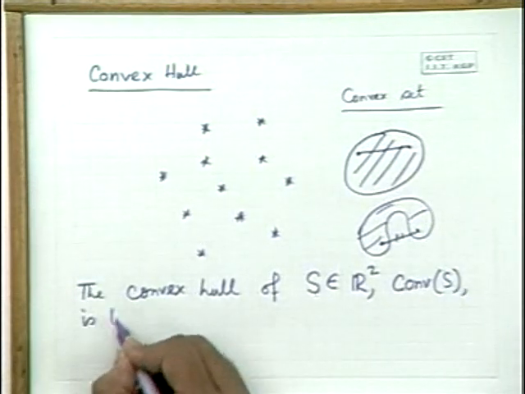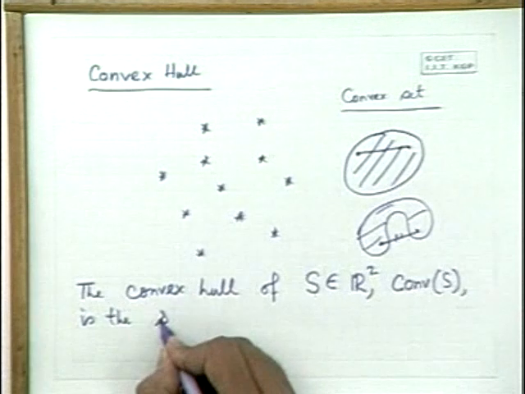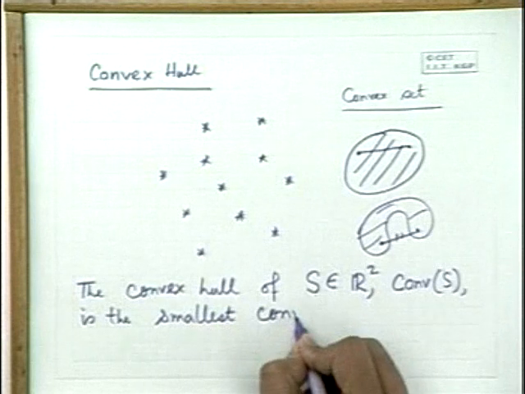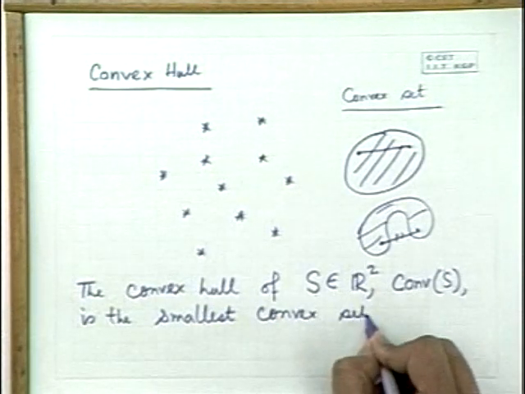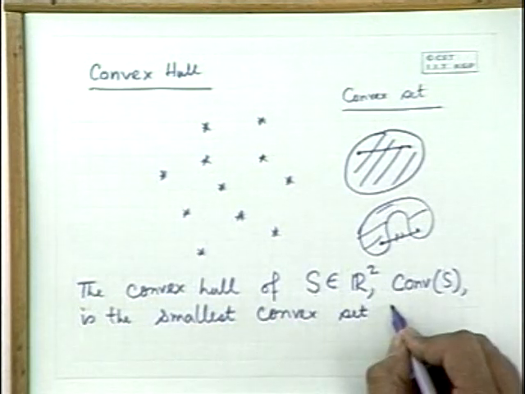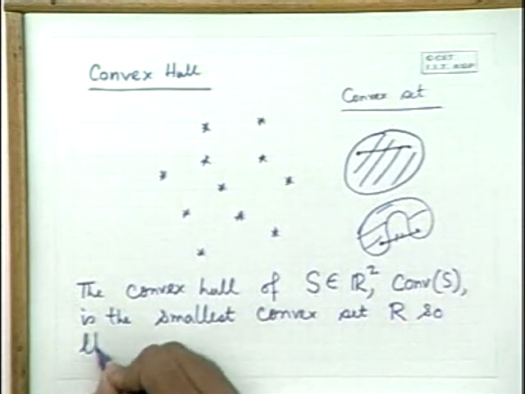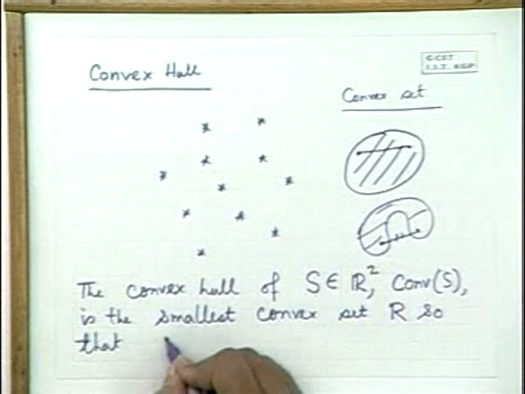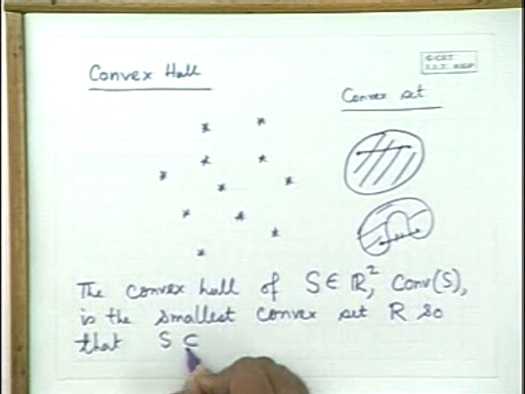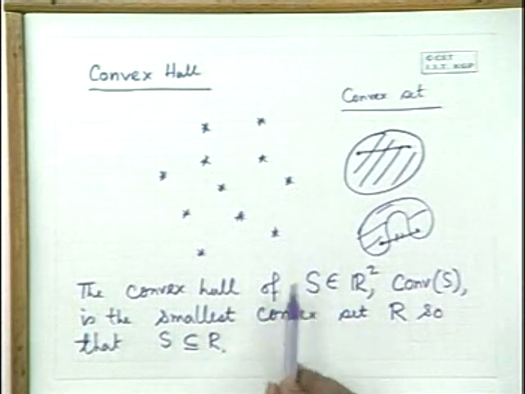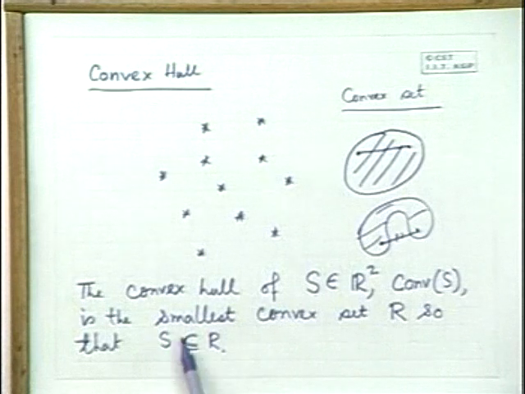It is the smallest convex set R so that S is a subset of R. So this is the smallest convex set which contains the entire point set inside.